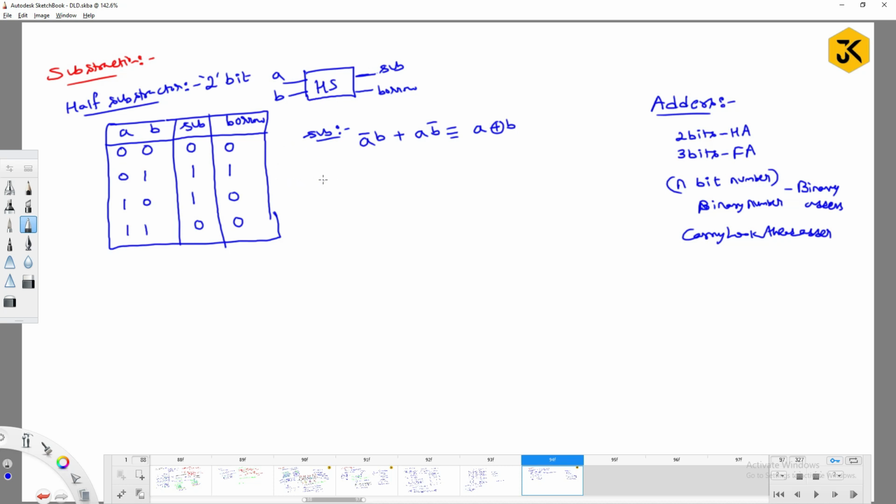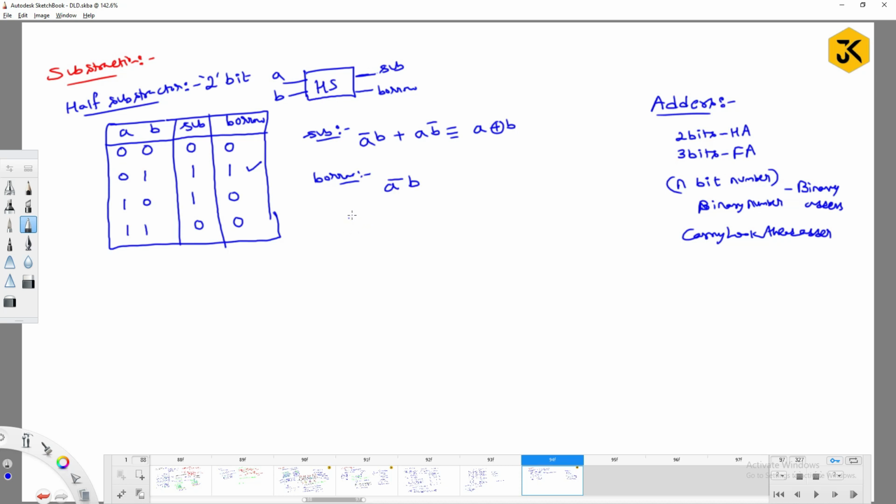Coming to borrow, how are we going to get it? We get a 1 because of A bar B, right? You can do it through K-maps also. So with this, can you construct the circuit diagram? Yes, right?